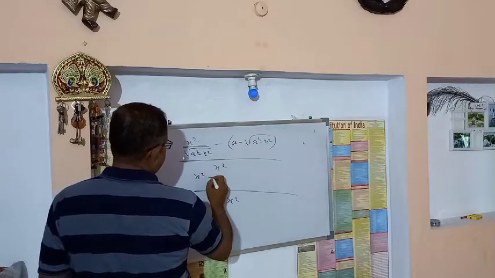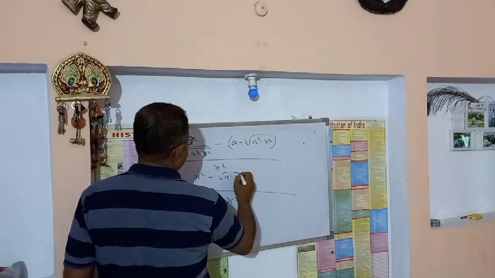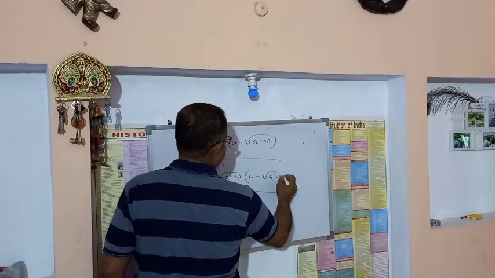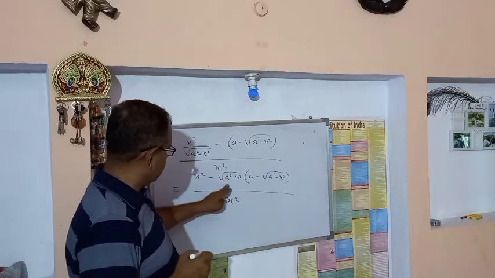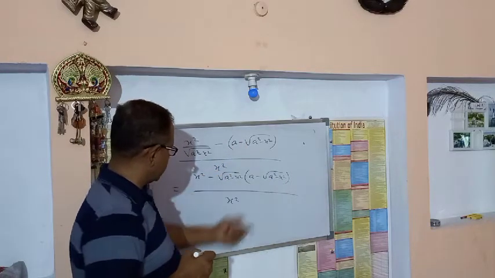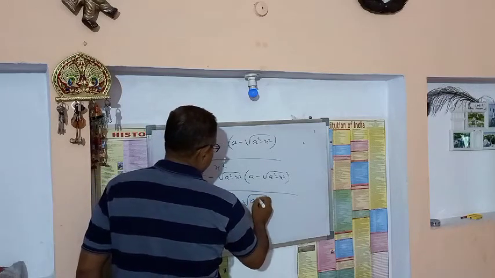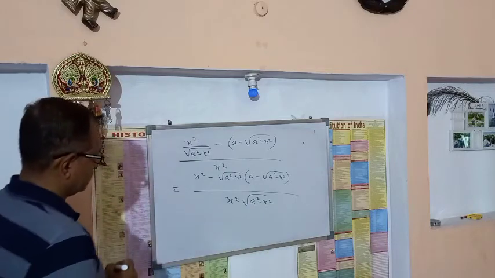So it will be x square minus under root a square minus x square into a minus under root a square minus x square into this bracket, upon under root a square minus x square. So it will come in the denominator upon under root a square minus x square.